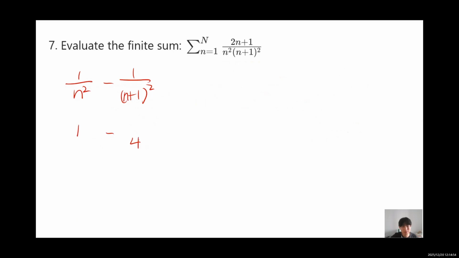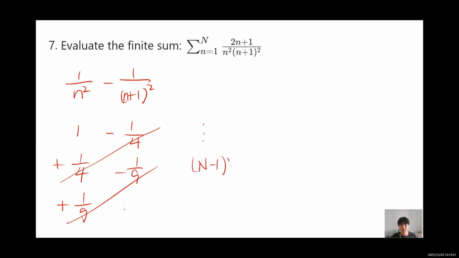1 minus 1 over 4 plus 1 over 4. Wow, this can directly cancel. So I think we already found the pattern of cancellation. So let's skip to the end. Let's plug in n minus 1 first, okay? 1 over n minus 1 squared minus 1 over n squared.